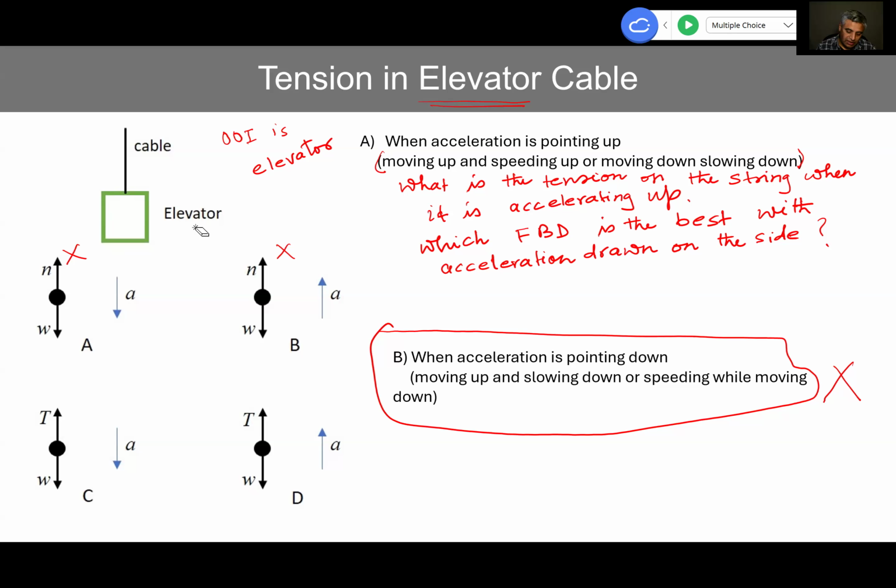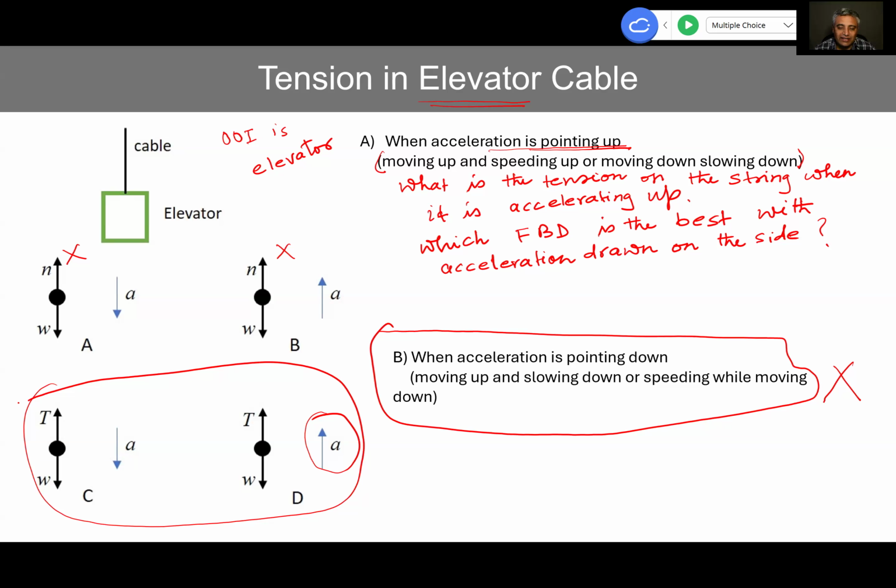Now, about C and D, as it says acceleration is pointing up, otherwise there is no difference between these two. To differentiate, we have to look at the acceleration drawn on the side of the free body diagram.